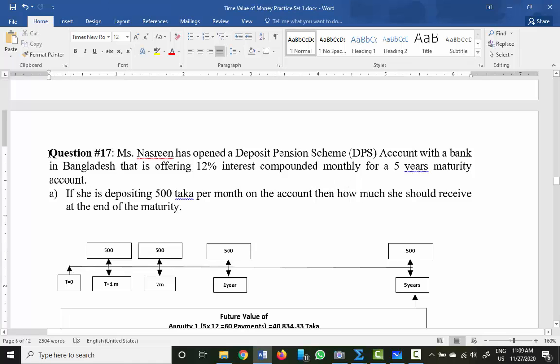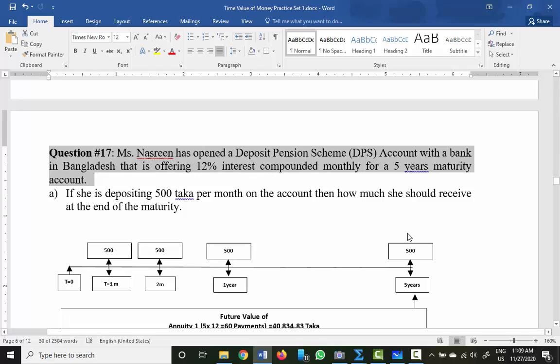What do we have in this question? Miss Nasreen has opened a deposit pension scheme (DPS) account with a bank in Bangladesh that is offering 12% interest compounded monthly for a 5 year maturity account.